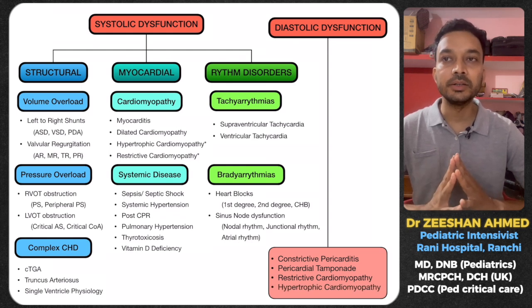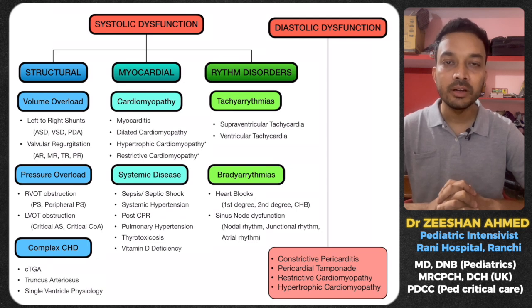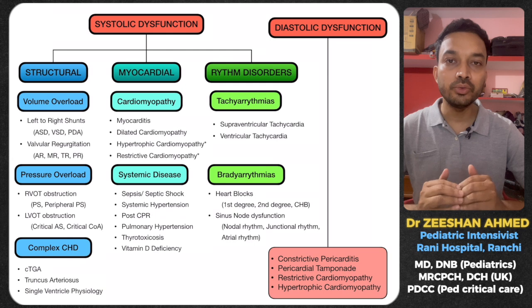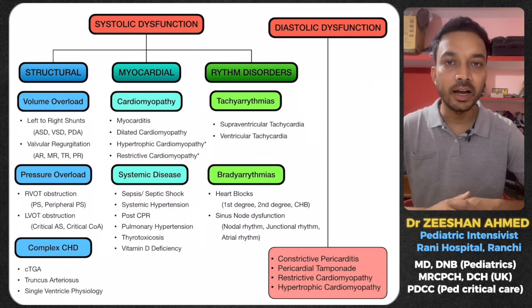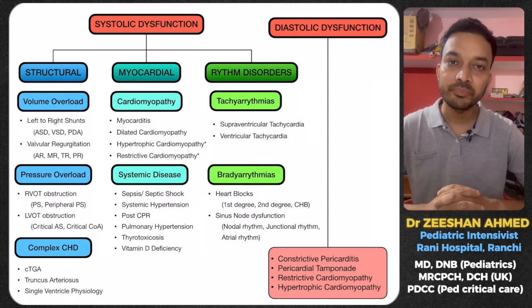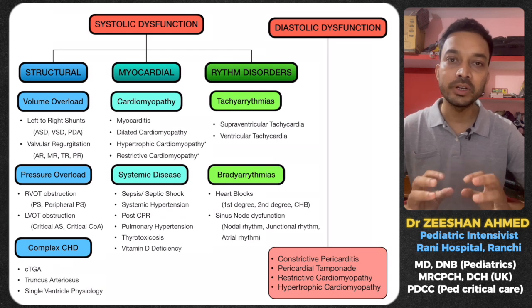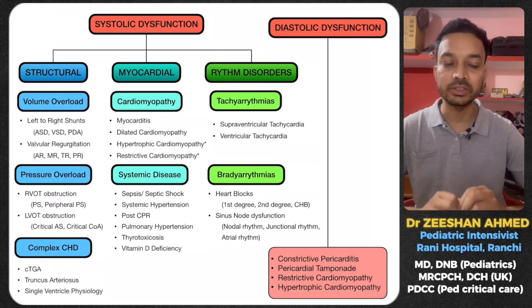If there is pericardial effusion or hemopericardium or pyopericardium, it can lead to cardiac tamponade. And there are two other conditions which we discussed earlier, restrictive cardiomyopathy and hypertrophic cardiomyopathy, which can lead to diastolic dysfunction, and they have components of both systolic and diastolic dysfunction.